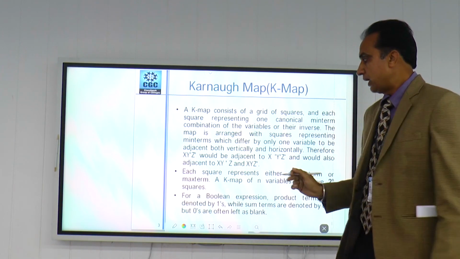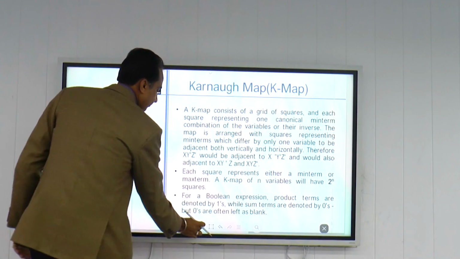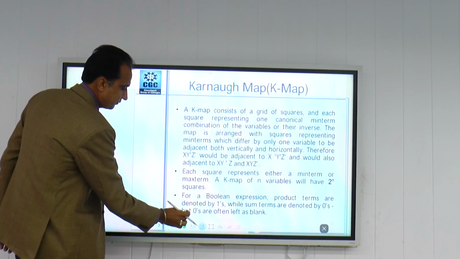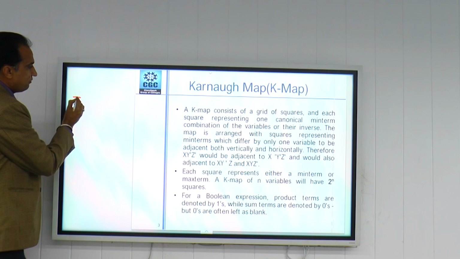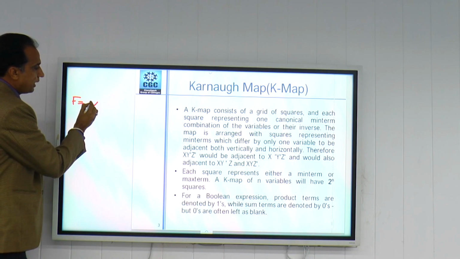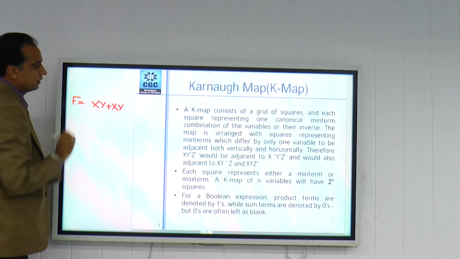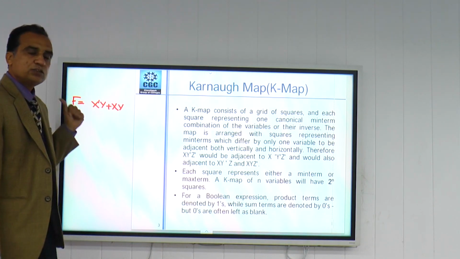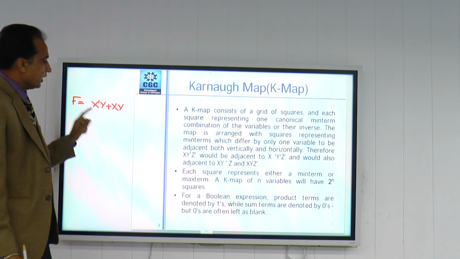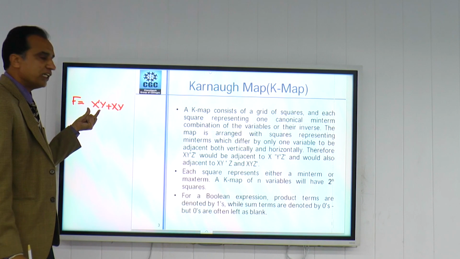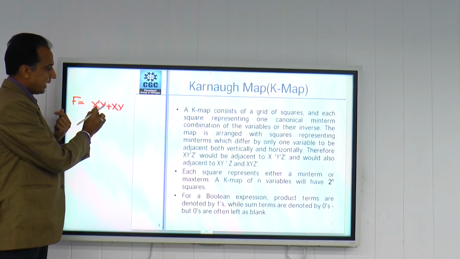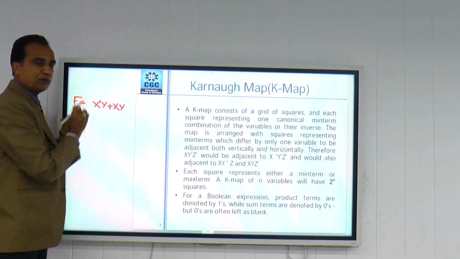For example, I write the equation f is equal to x complement y plus xy. Now this equation contains 2 variables, x and y. In this equation there are 2 elements, x complement y and xy.